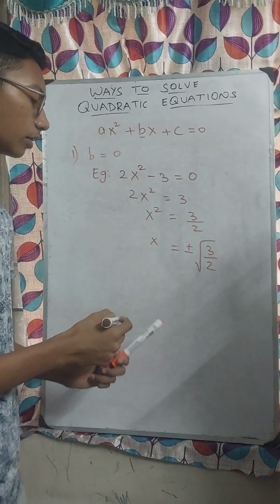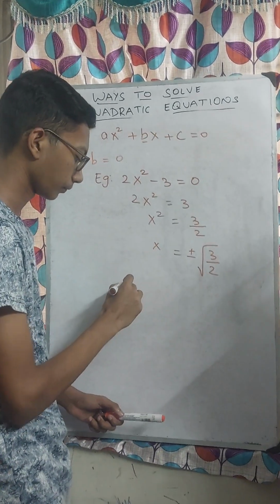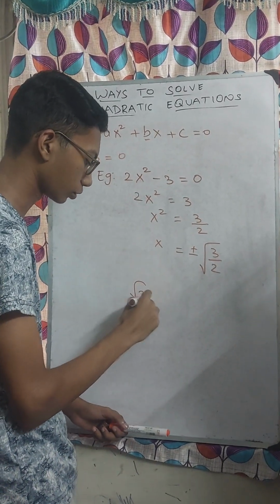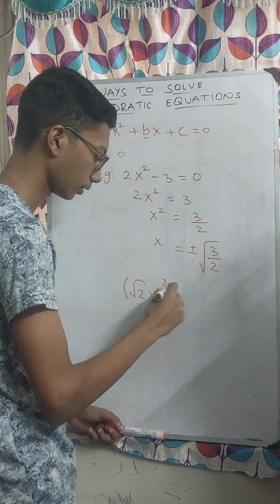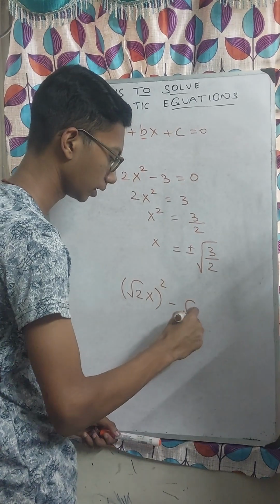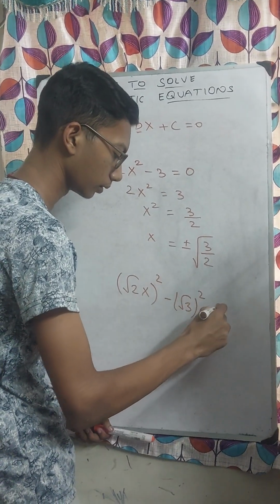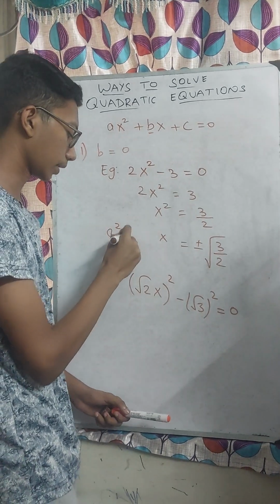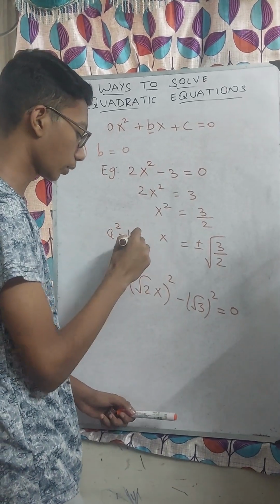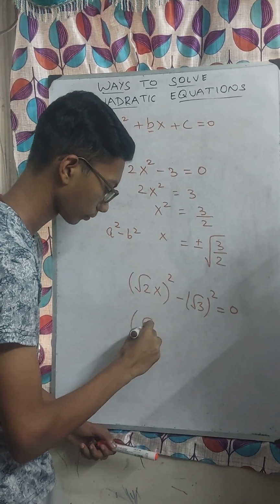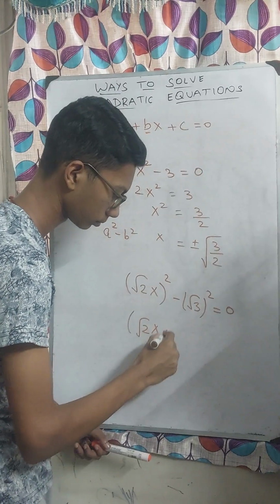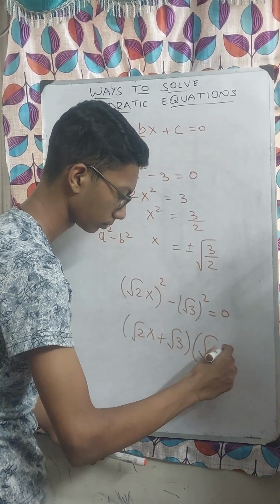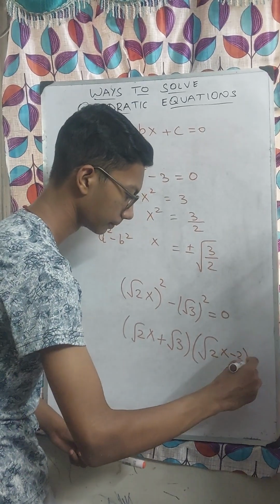The other way of solving this is by the formula method, that is, get this 2x square into a 1 square, that is, root 2 x the whole square minus root 3 the whole square equals 0. Now this is of the form a square minus b square, which is equal to a plus b times a minus b.